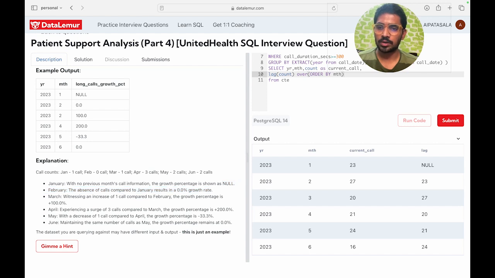Then 1 minus 0 divided by 1, which is 1, which is 100%. 3 minus 1, which is 2, 2 divided by 1, previous month. Okay, divided by previous month, lag. That's what we need.